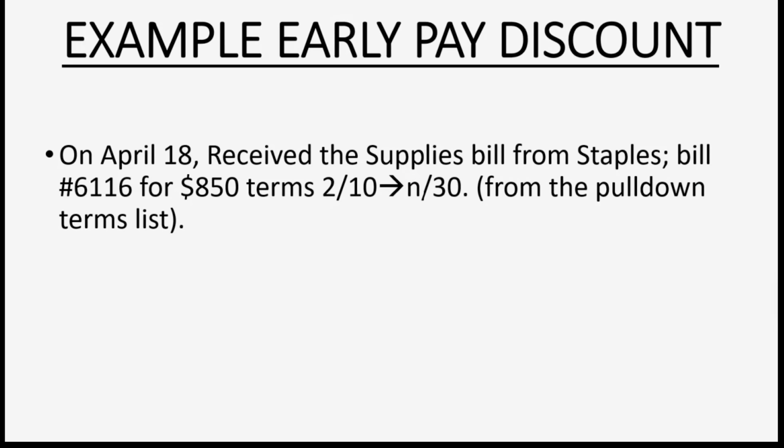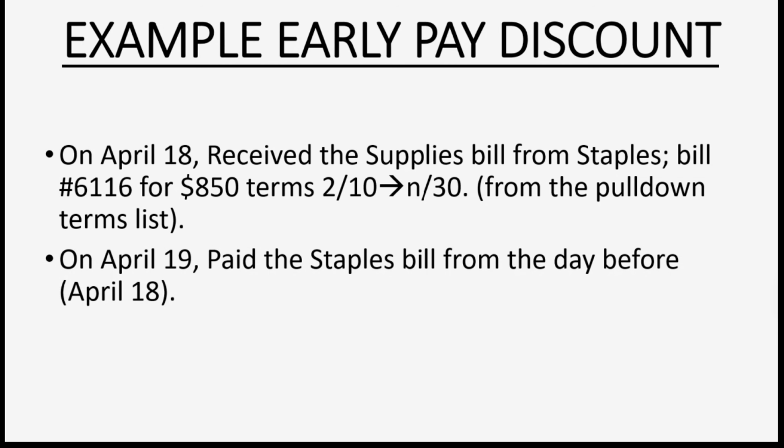And here comes the interesting part. On April 19th, we paid the Staples bill from April 18th, the day before. And remember, we have to calculate the discount ourselves if, in fact, we are entitled to the discount.